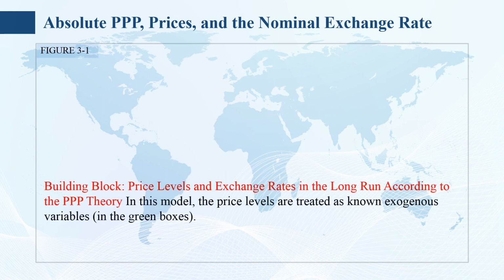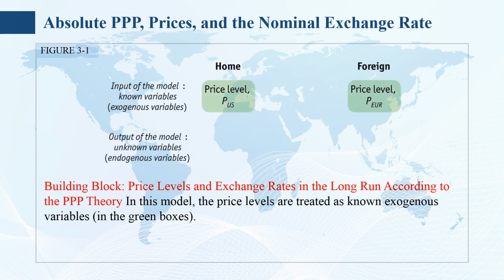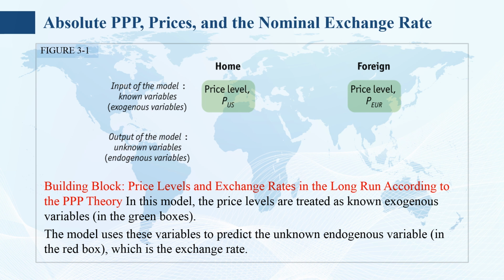The PPP relationship between the price levels in two countries and the exchange rate is a key building block in our theory of how exchange rates are determined, as shown in figure 3.1. In this model, the price levels are treated as known, as exogenous variables. The model uses these variables to predict the unknown endogenous variable, which is the exchange rate.